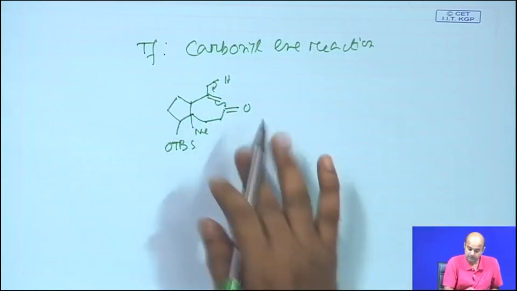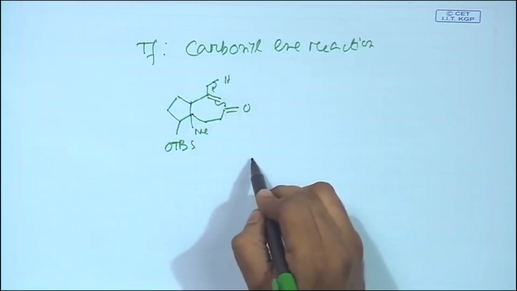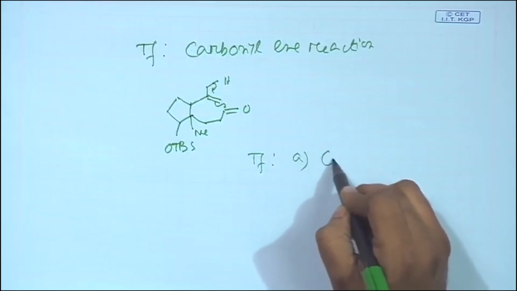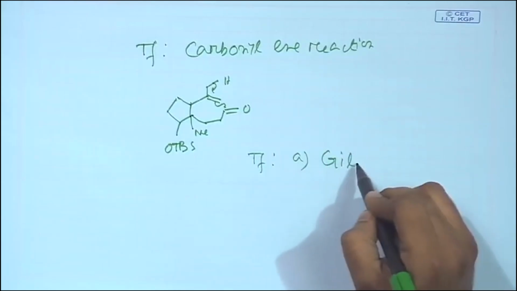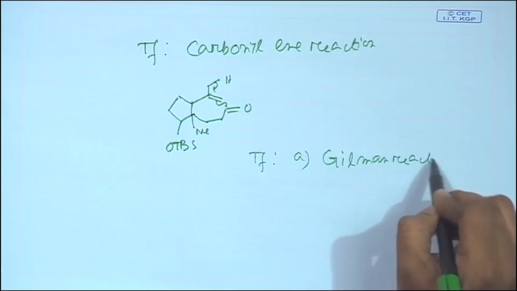So, the carbonyl ene reaction was one reaction, and this is the main transformation. In addition, you use another transformation, which is a Gilman reaction of a suitable nucleophile.